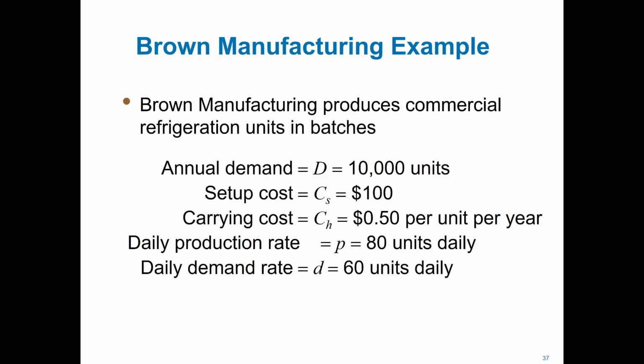Brown Manufacturing produces commercial refrigeration units in batches. The annual demand is 10,000 units. Setup cost is $100 per setup, and carrying cost CH is equal to $0.5 per unit per year, and daily production rate is equal to 80 units daily, and daily demand rate is 60 units daily.